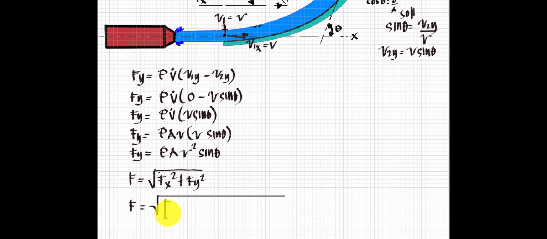That will be your density, area, velocity squared, then multiply by 1 minus your cosine of theta. Then this will be squared plus yung value ng f of y, that will be density, area, velocity squared, then multiply sine theta, then raised to square.